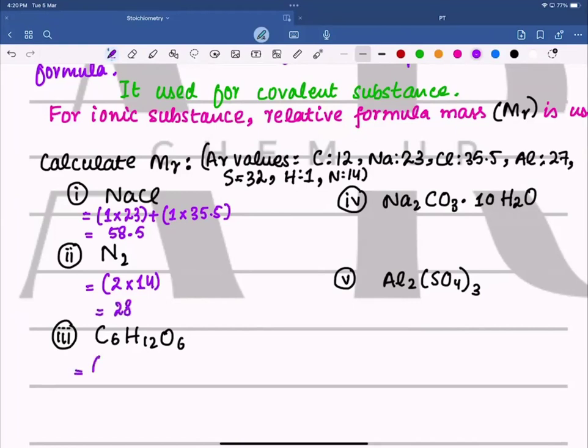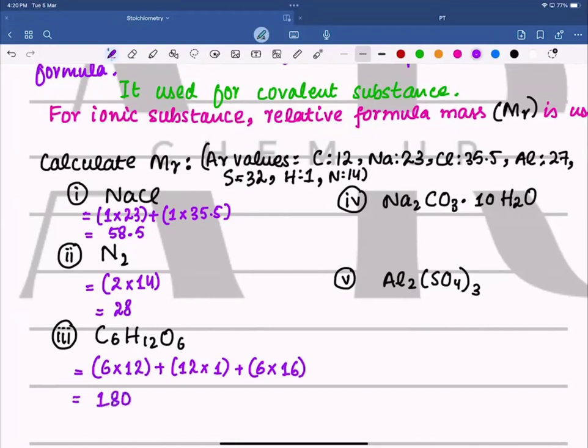Then 6 carbon atoms, so 6 times 12. 12 hydrogen atoms, the AR of hydrogen is 1, so 12 times 1, and 6 oxygen atoms, and it's 16. So if you add them, you are going to get 180.